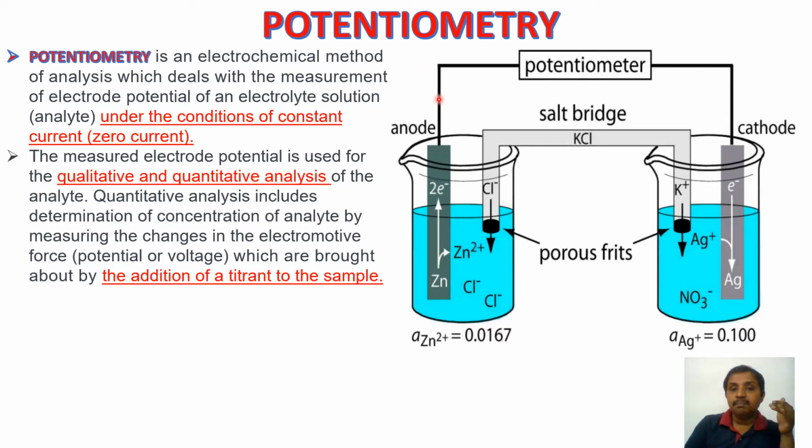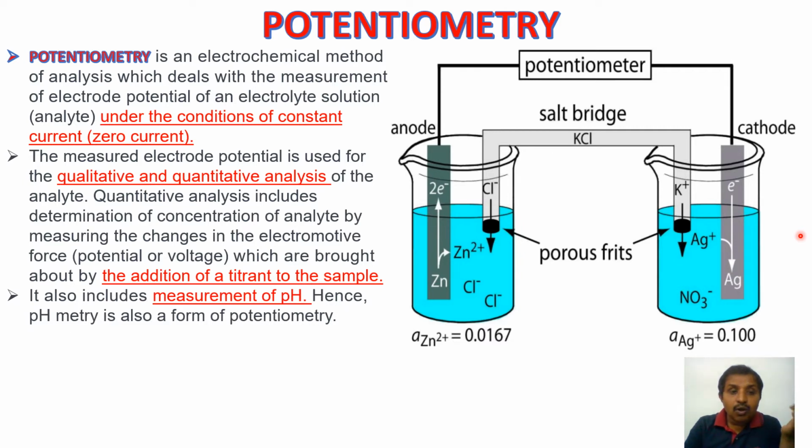As the titrant is added, the reaction takes place, the concentration gets disturbed, and the change in concentration can be measured from time to time with the change in electromotive force, that is potential or voltage. The change in concentration due to the addition of titrant to the sample can be measured by the change in electromotive force.